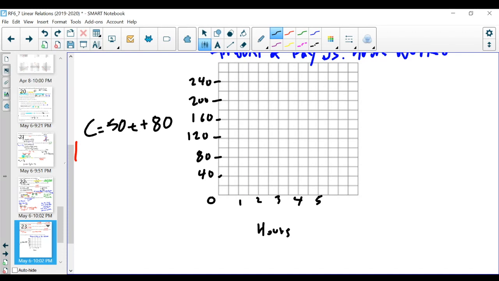So every tick ends up being 20. So we're going up, and we've labeled everything. Again, pick a scale that's appropriate for your situation.